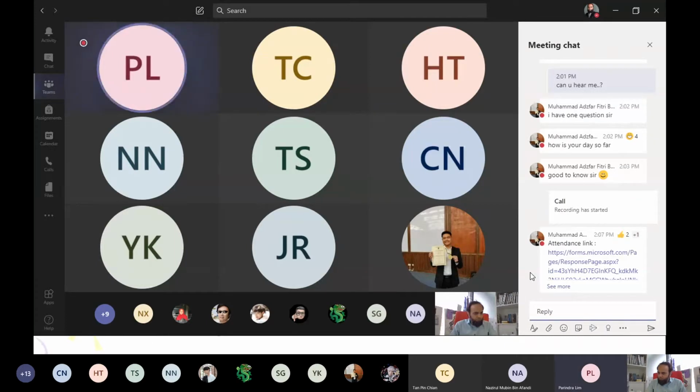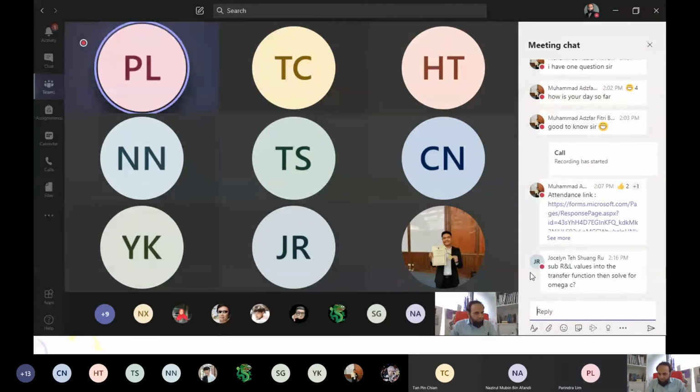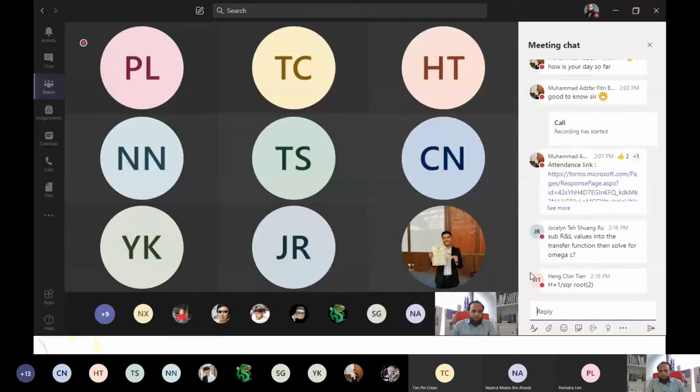Please substitute R and L values into transfer function, then solve for omega C. Jocelyn, you're missing one thing, one very important thing. Yes, it should be 1 upon square root of 2. Thank you. So Justin and Hengqin, thank you very much.